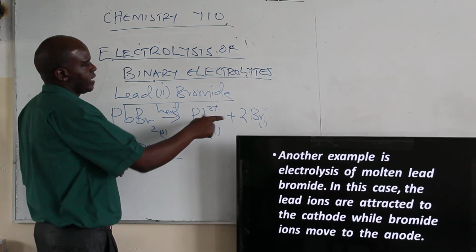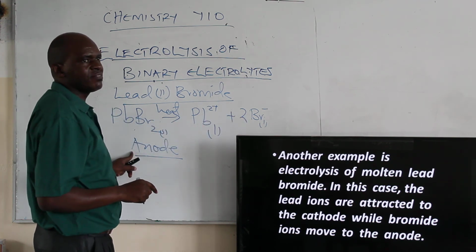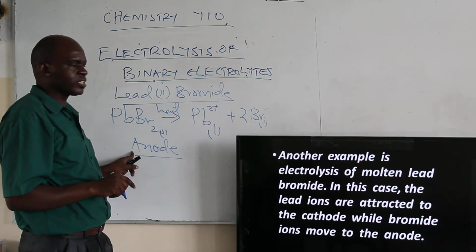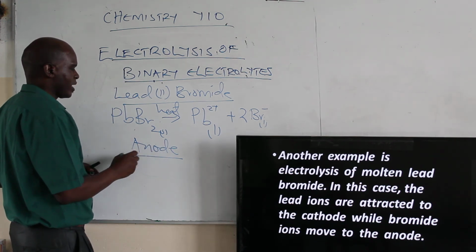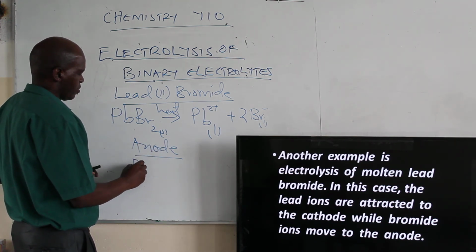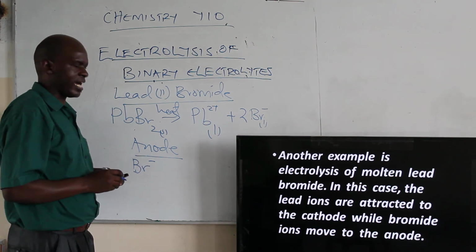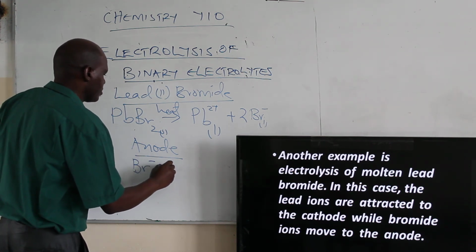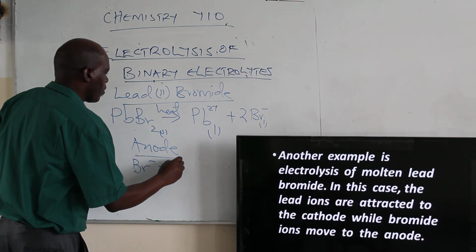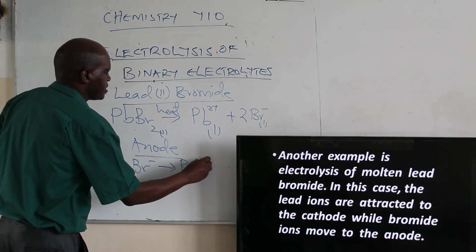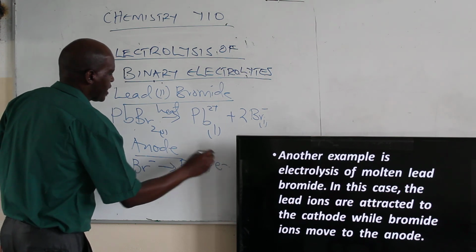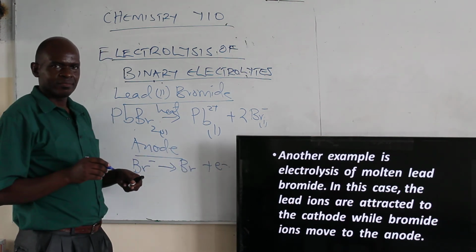So, at the anode, we have the bromide ions, which will be attracted because this is the positive terminal, and therefore the bromide ions, which are negatively charged particles from the electrolyte, will be attracted towards the anode. When they reach the anode, one bromide ion will release one electron, resulting in the formation of one atom of bromine.